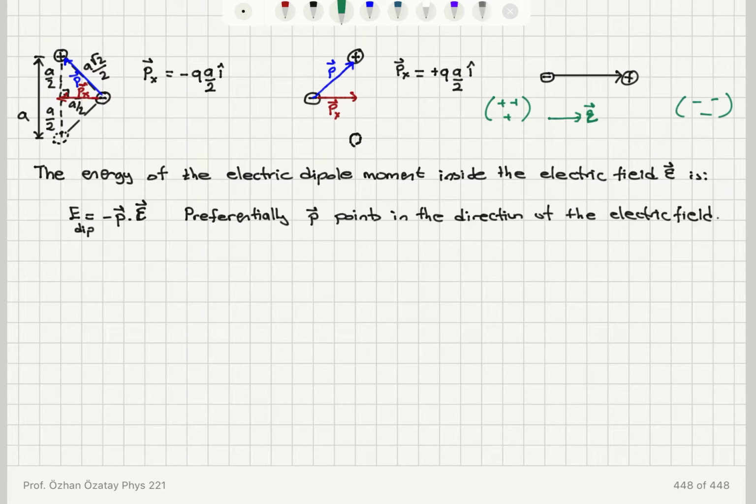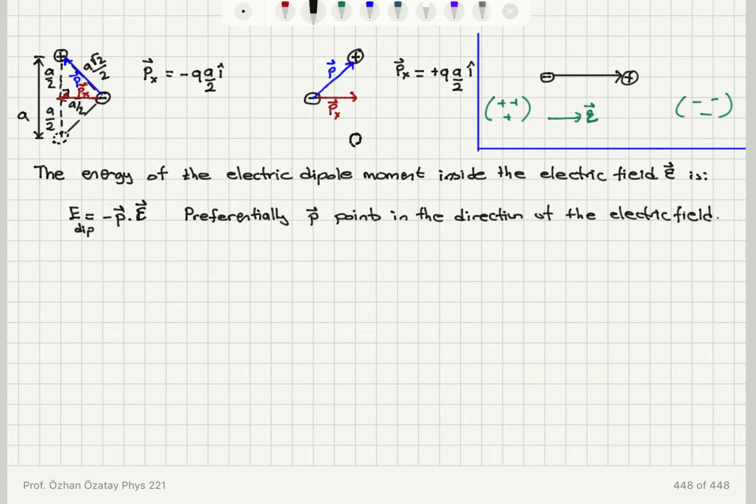The positive charge distribution will be attracting the minus side, and the negative charge distribution will be attracting the plus side, so you can understand why the polarization vector wants to point in the direction of the electric field to minimize its energy. So the energy of a dipole is minus p dot epsilon.